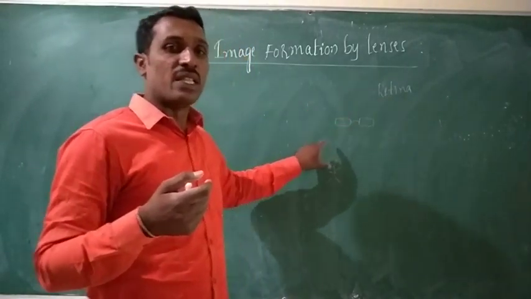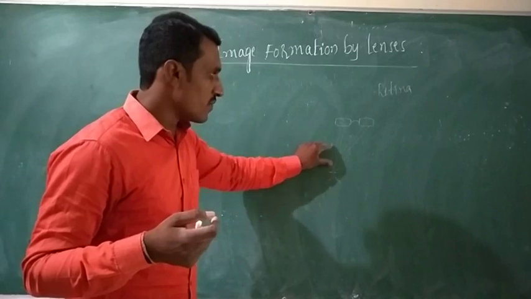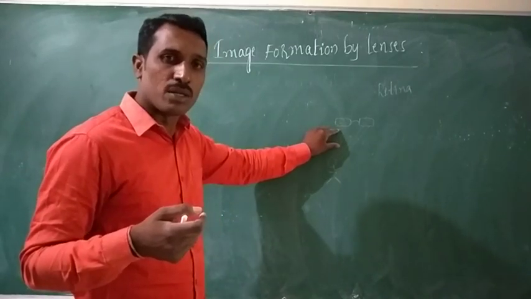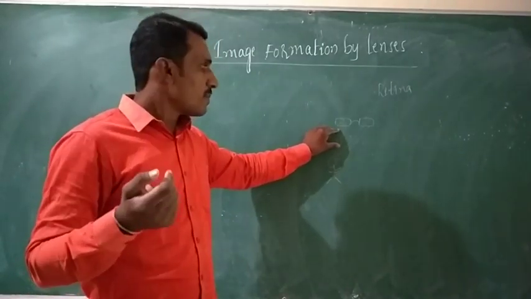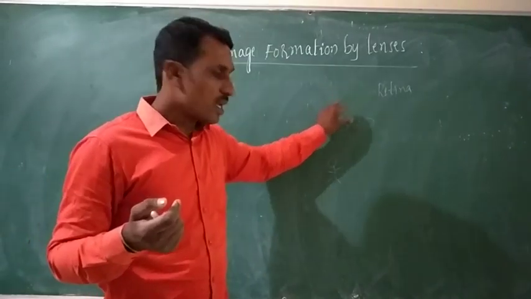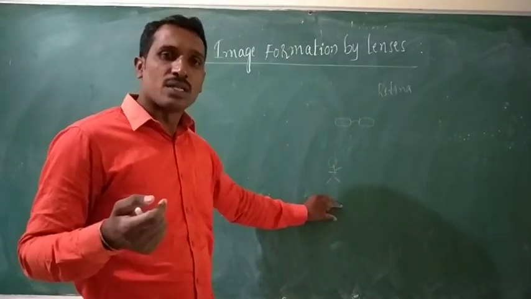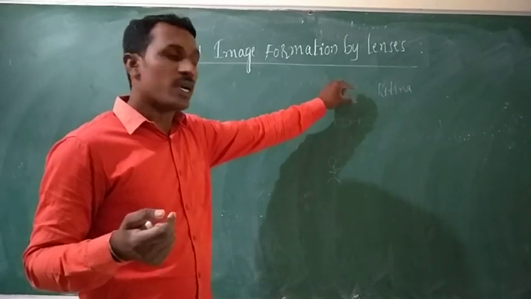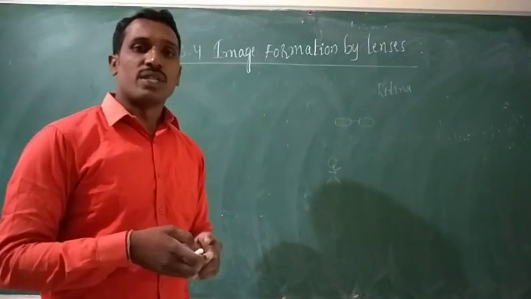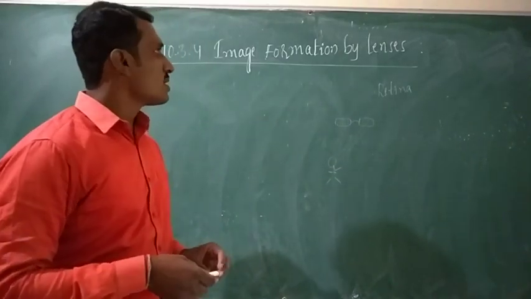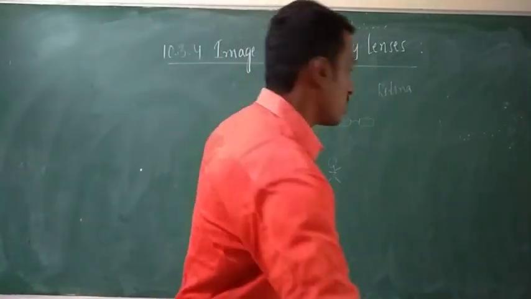That we will study in this class. If the person is very near, the size of the image will be different. If the person is far away, the size and nature of the image will be different. These things we will study in this class, that is image formation by lenses.